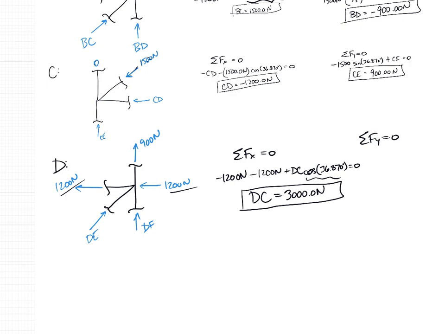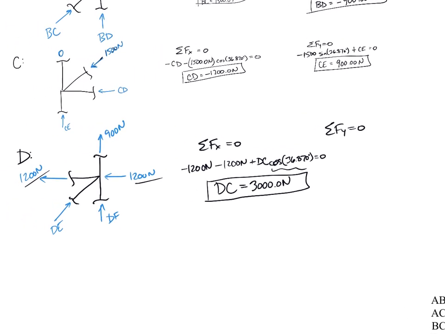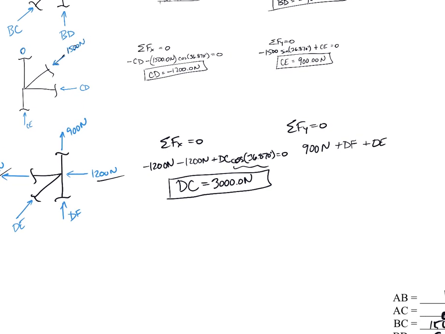Then we're going to go to the sum of the forces in the Y direction, and I've got 900 going up, plus DF, plus DE times the sine of that angle, 36.870 degrees. I really prefer 3/5. Then we've got one more step, because I have to plug in DE is 3,000 newtons.